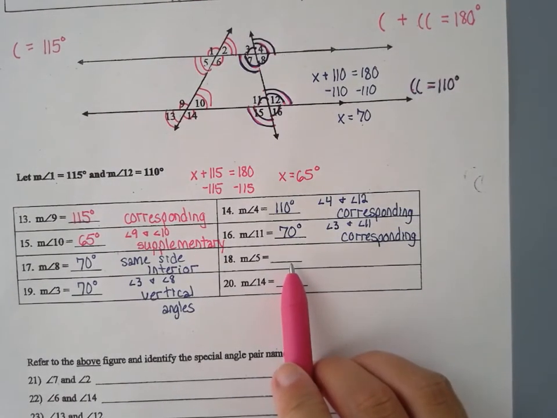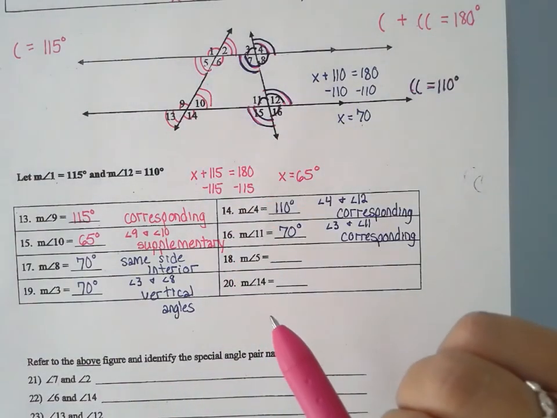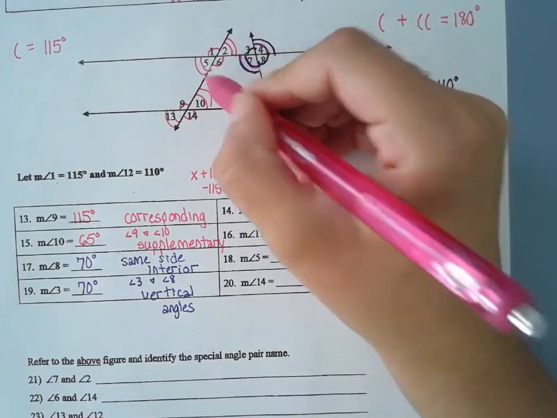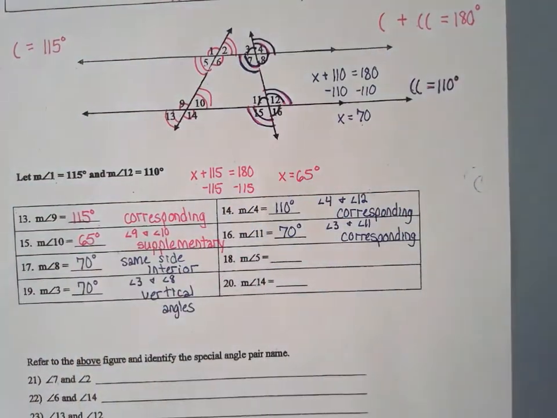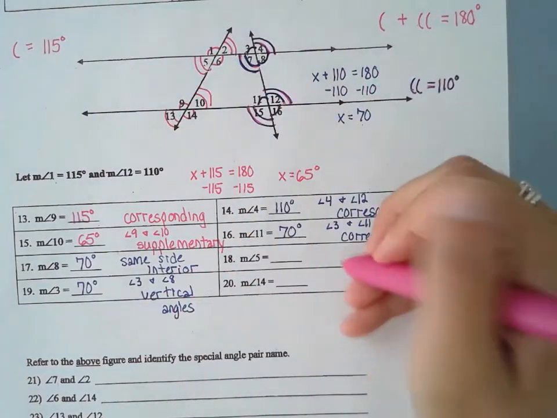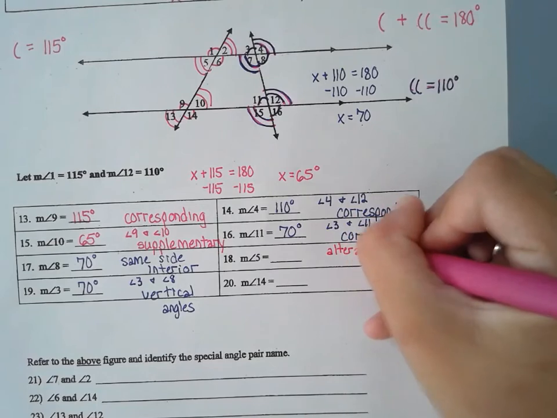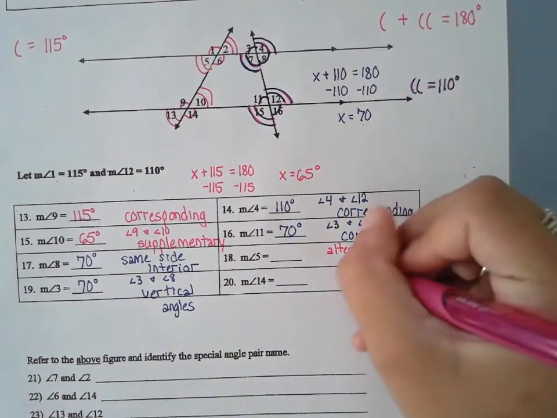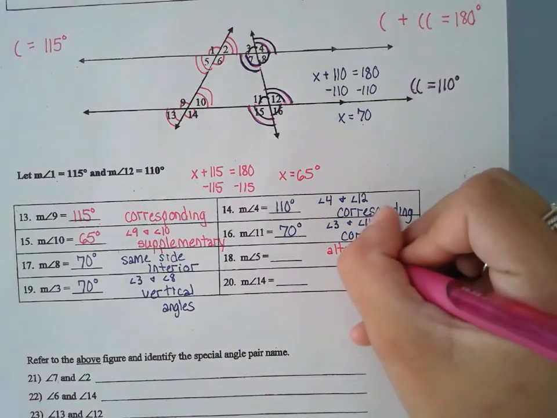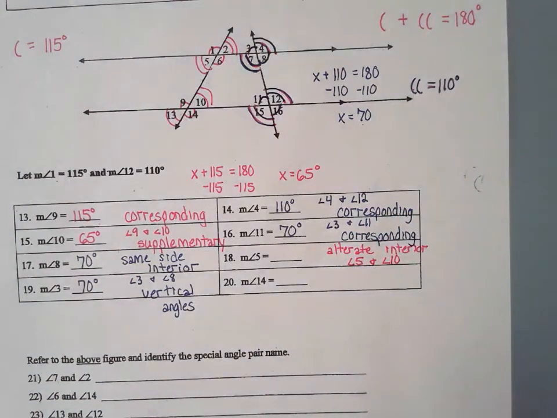As we come back to our pink side, angle 5 has two congruence marks. Angle 5 and angle 10, since we already know angle 10, are alternate interior angles, since they're both inside the parallel lines. So angle 5 and angle 10 are alternate interior angles.